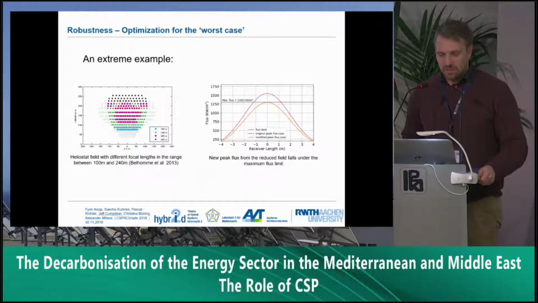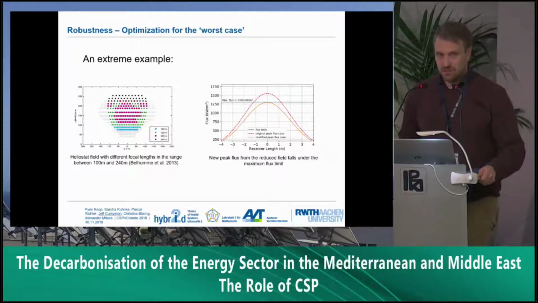And I'm just showing here a previous study where they used the PSA heliostat field, and they had a maximum flux distribution of 1300 kilowatts per meter squared. And they found that when they pointed all those heliostats at a certain design point in the center, they exceeded that flux, and they thought, okay, that's the worst case.